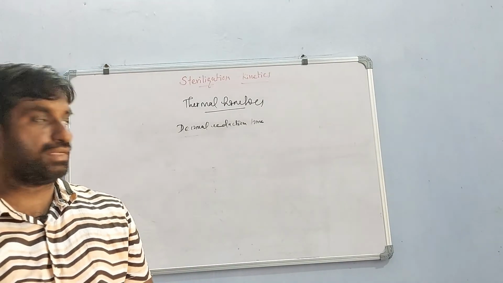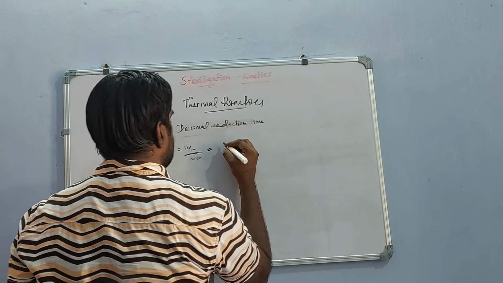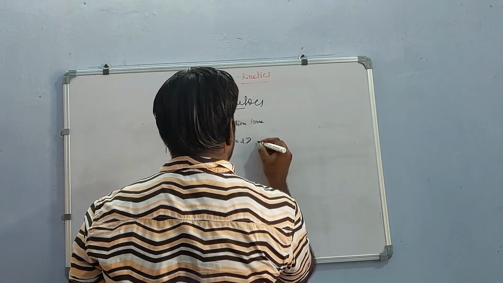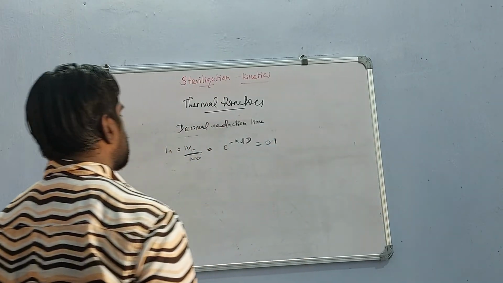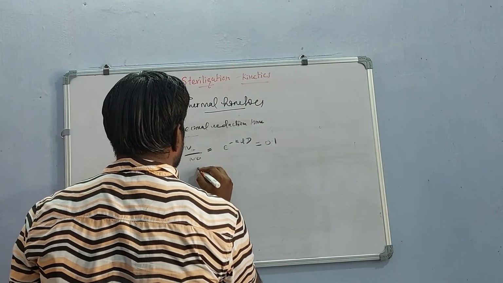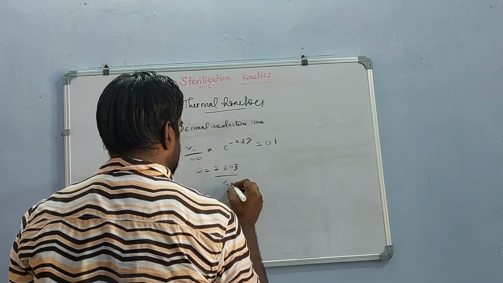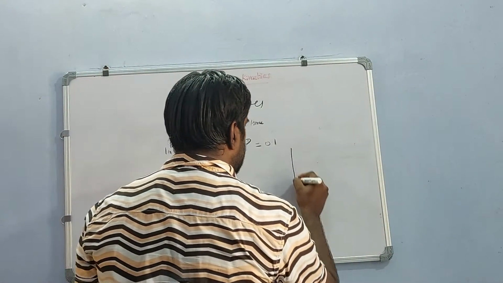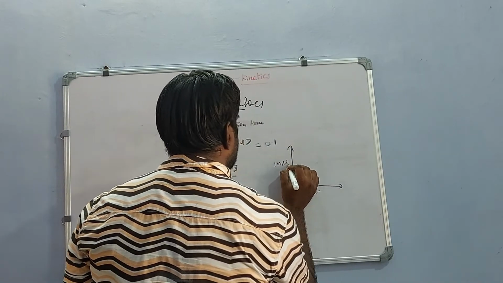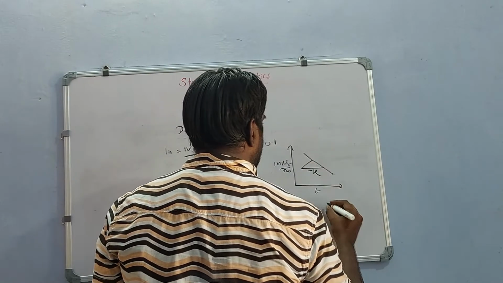So it can be written in terms of Kd. The survival curve is time versus N0, where we get a slope of minus Kd. This is what we call the survival curve.